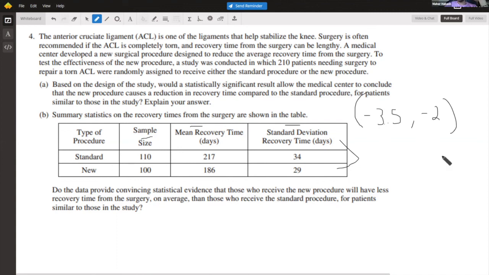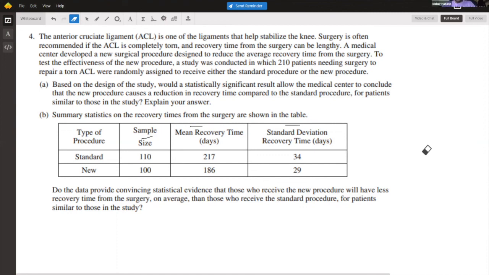Because 0 is not in our confidence interval, we reject the null. And if 0 is in it, we could not reject the null. Okay. Go ahead and finish up, or let me know if you have questions. Yeah, for the t-test, when I'm putting it in, we want the new treatment to be less than the standard treatment, correct?